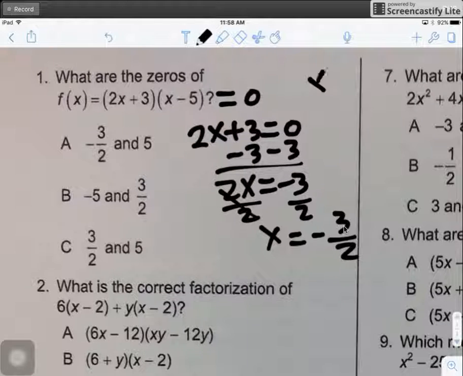The other one is x minus 5 equal to 0. So we have x equals 5 by adding 5 to both sides. So the zeros are 5 and negative 3 over 2. So that looks like A is the answer.